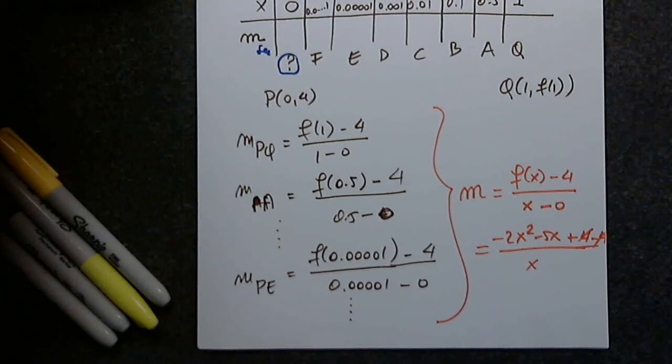So left parenthesis for the top, negative 2x squared minus 5x, everything divided by x. This is the slope, right? Negative 2x squared minus 5x divided by x.